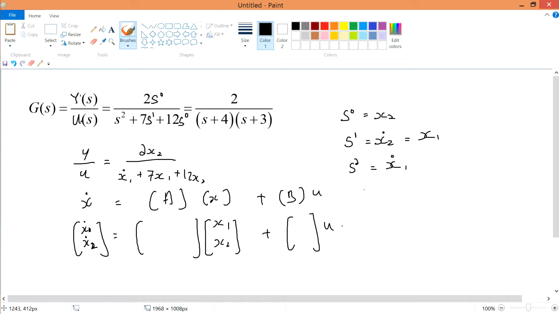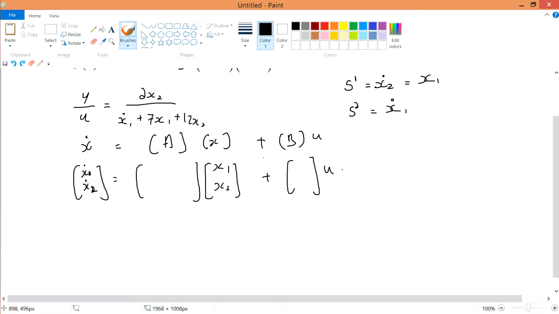Remember that you're going to learn how to do this, because in the exam you're going to need to know how to write these out also. What we can do next is x1 dot. We can take the denominator of this transfer function, the poles. So I'll write x1 dot plus 7x1 plus 12x2 is equal to u. This is your input, this is your output.